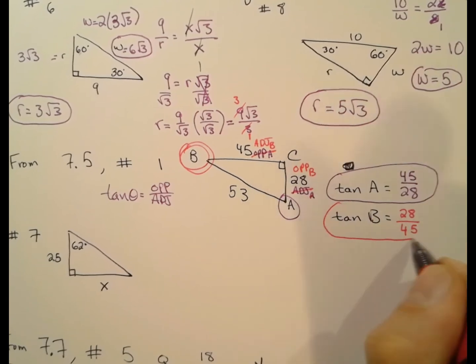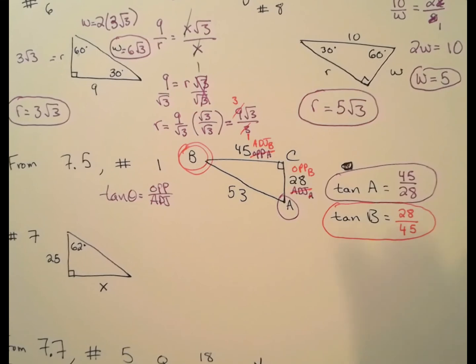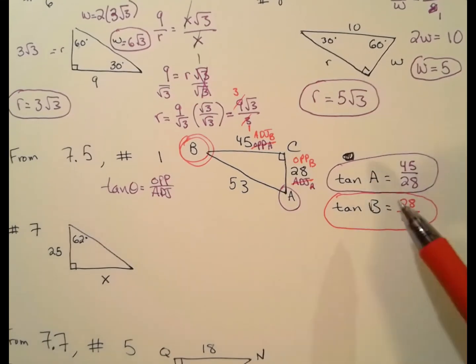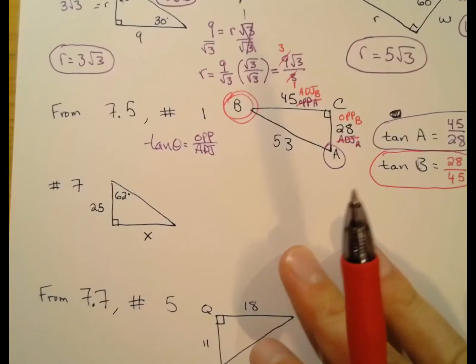And that fraction cannot be simplified. So the ratio of side lengths, that's a pretty easy question. You just figure out which side lengths to use, put them in a fraction, and that's literally it.